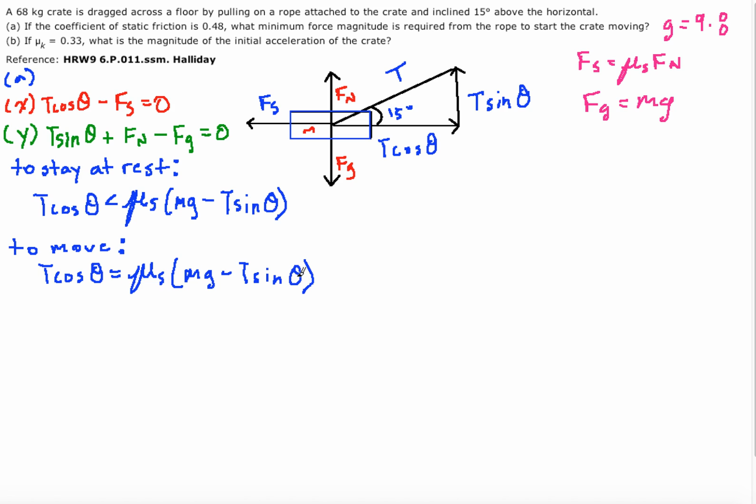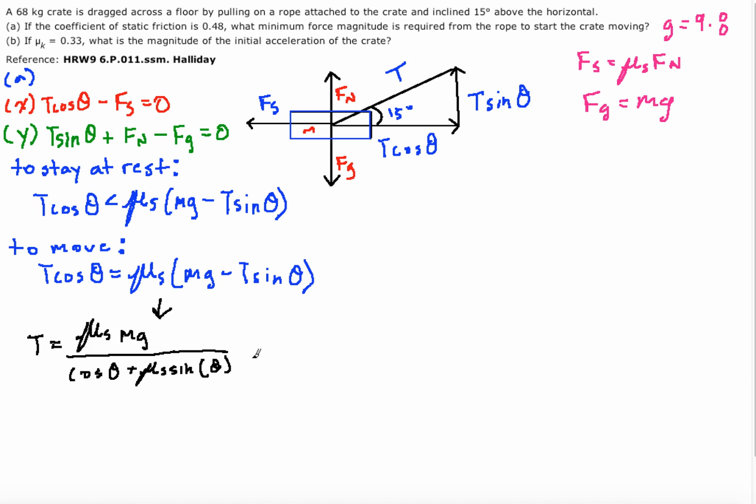And so now what we can do is simply solve this system for T. Via algebraic manipulation, what we get is T equals mu s mg divided by the cosine of theta plus mu s sine of theta.